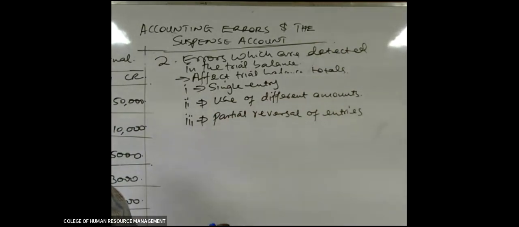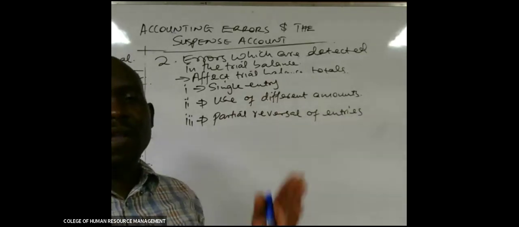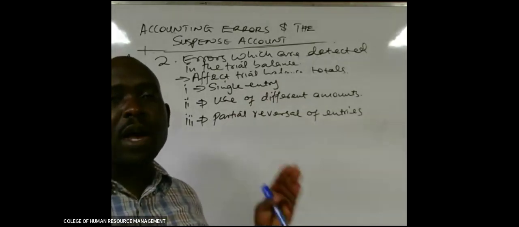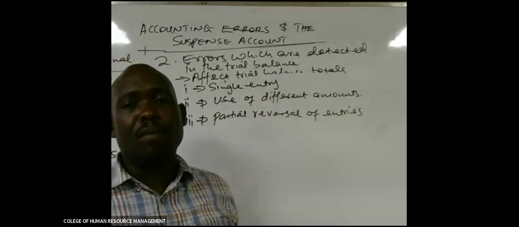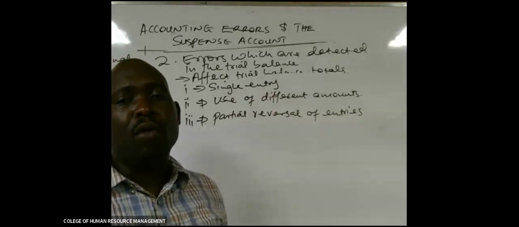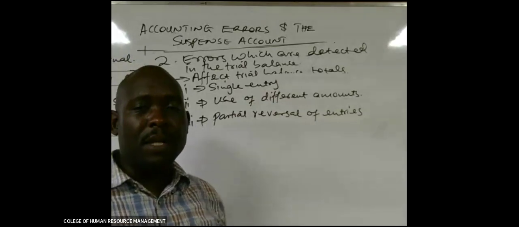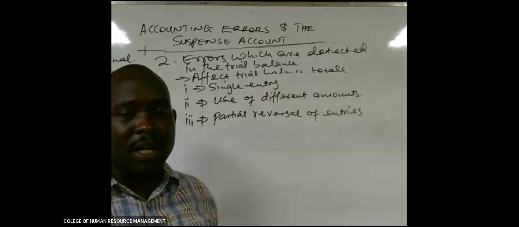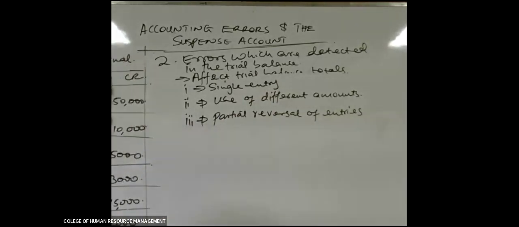You know the rule of double entry states that for every debit, there must be a corresponding credit. You debit and then you also credit using the same amount. That is the policy. But when you do partial reversal, you'll find yourself having debited both accounts or credited both of them. Instead of doing debit and credit, you do debit, debit. That is partial reversal of entries.